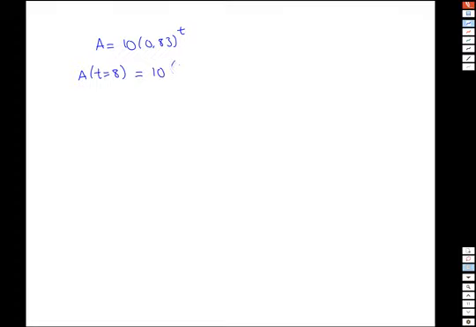So we're going to have 10 times 0.83 to the power 8 instead of just t, and whatever that value ends up as. Yeah, that's my calculator. Part D is more complicated because you have to actually solve stuff, but here it's literally subbing in the number and seeing what you get back. So 2.253 milligrams approximately would be the answer for that one.